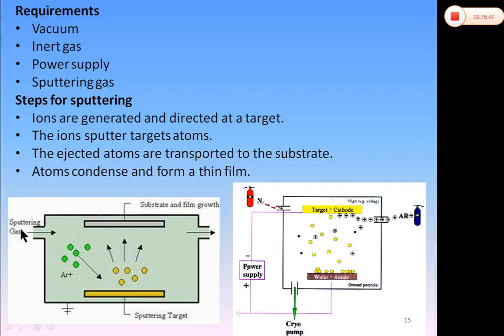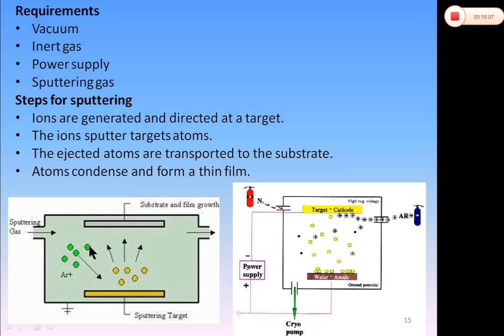Here you can see that argon ions are moving inside the inlet. Electrons from the sputtering target will collide with the argon atoms. These argon atoms will become cations.